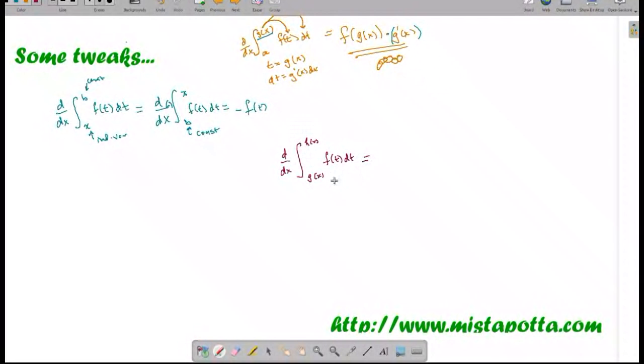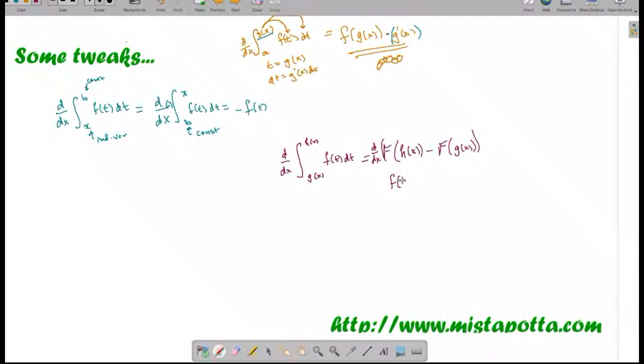One is that I just have to treat it as a normal calculus problem, where I'm going to have the antiderivative of my function evaluated at h of x minus the antiderivative of my function evaluated at g of x, and then take the derivative, and you see what's going to happen here.